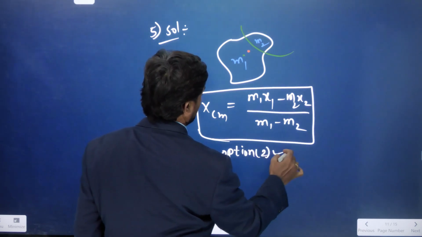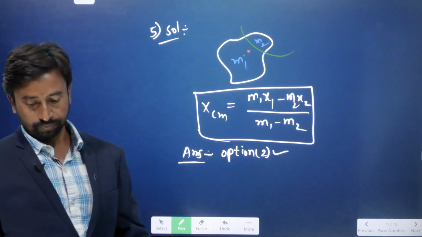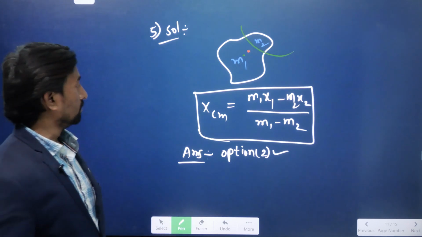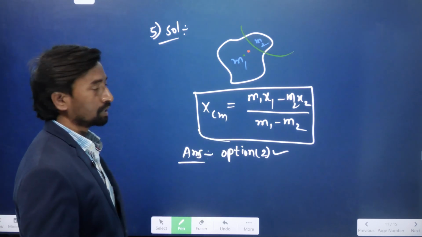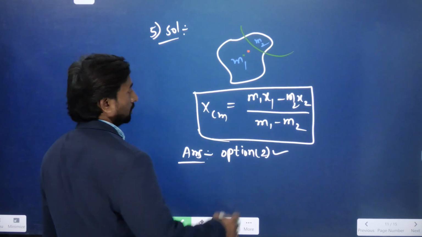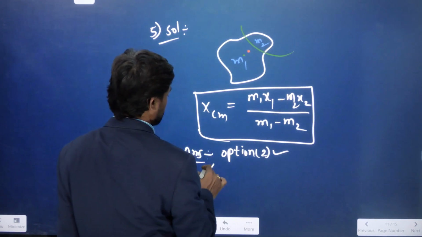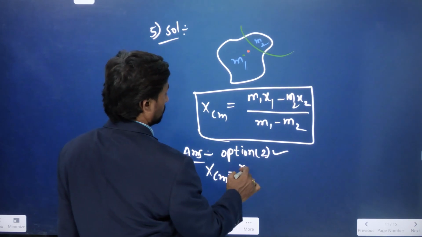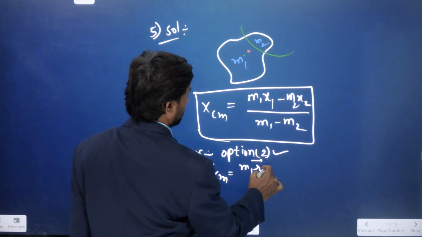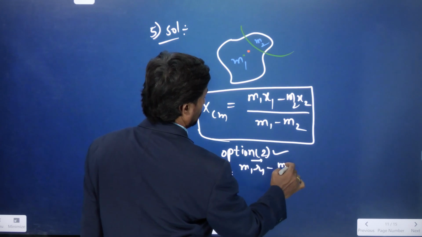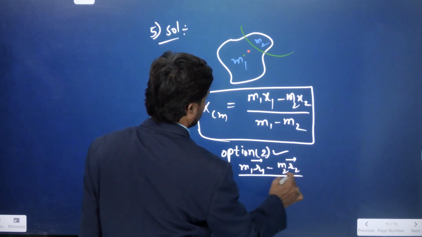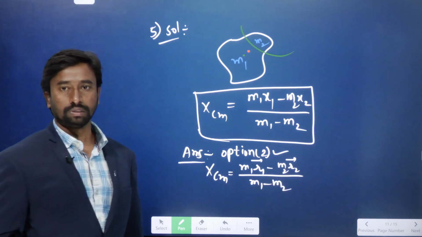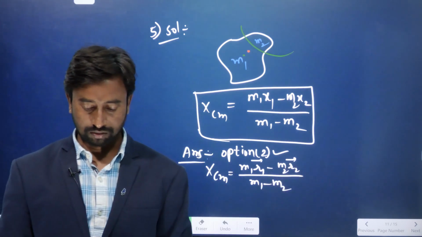They have given r1 instead of x1, x2. So XCM is m1 r1 bar minus m2 r2 bar divided by m1 minus m2. Okay, that is the answer.